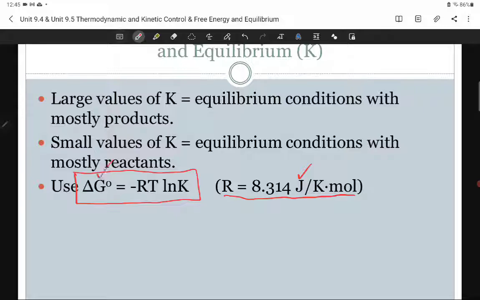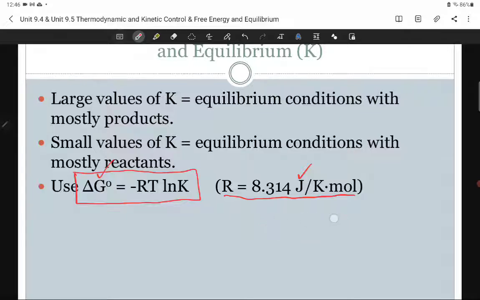But typically delta G is given in kilojoules. So if you solve for delta G with this constant that has joules, you'll get a very, very large number. People are always going to divide that by 1,000 to get it into a kilojoules answer. Okay, so keep that in mind.